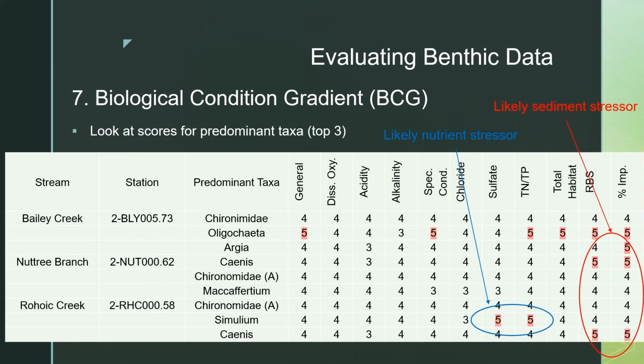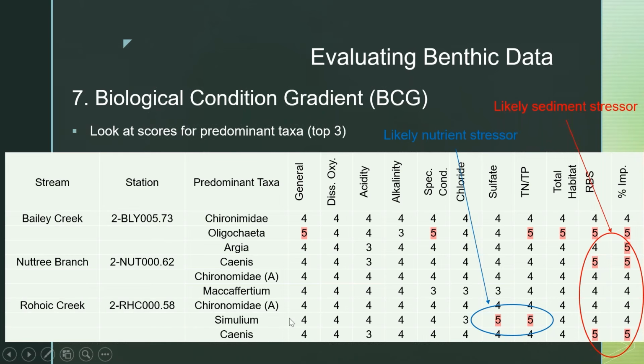So in this case, what do we see? Some species like the oligochaetes don't really narrow it down for us a whole lot. They're predominant under a number of different stress conditions, so that doesn't help us much. But here's a case: the Simulium, a type of black fly larvae.